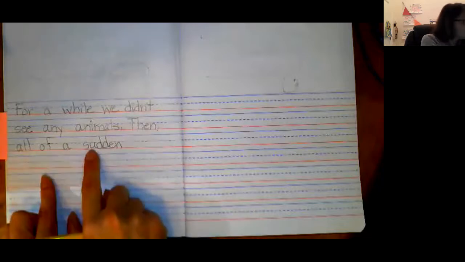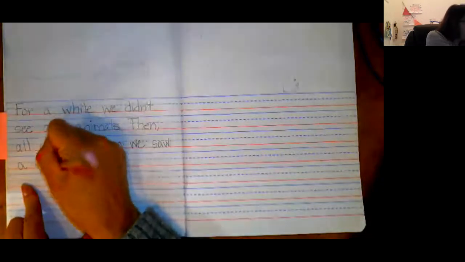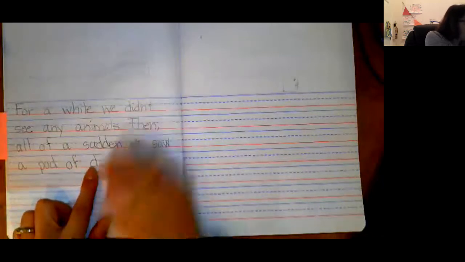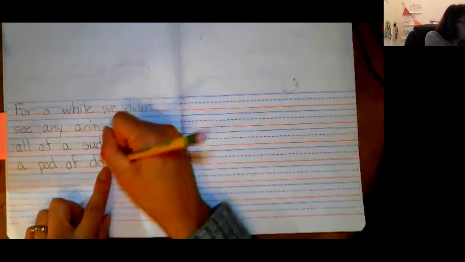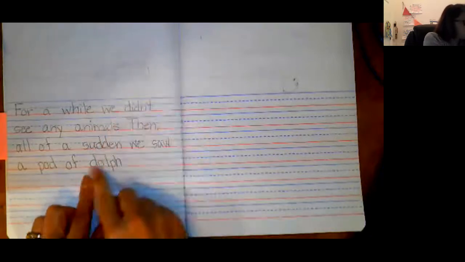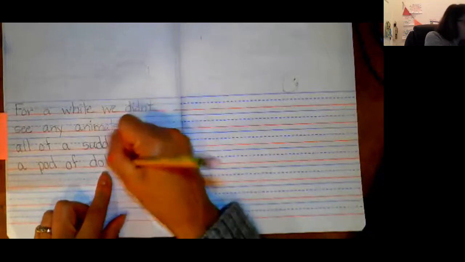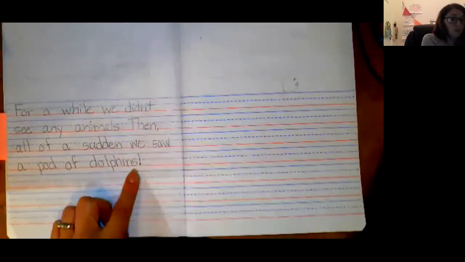Then all of a sudden, we saw a pod of dolphins. Dolph. I know that PH makes an F sound. Dolphins. And I'm going to put an exciting exclamation point there.